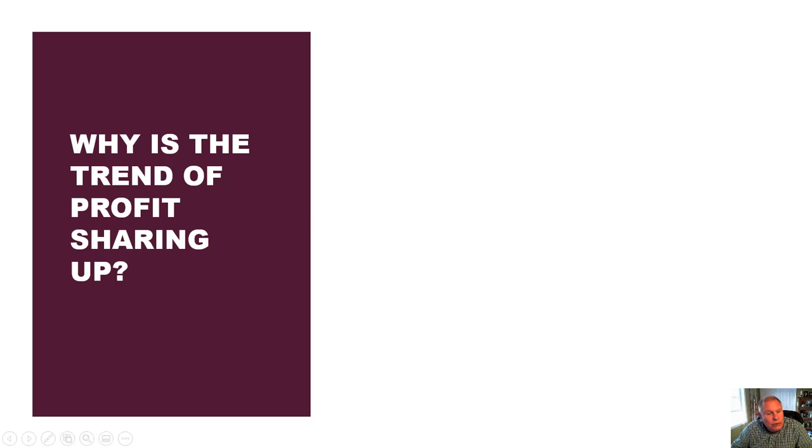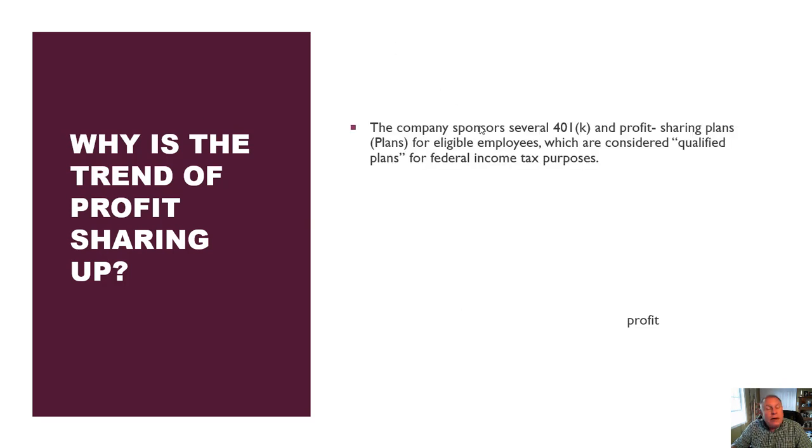The second, why is the trend of profit sharing up? Okay, so the next question is, why is the trend of profit sharing up? What did I find? The company has a number of 401k and profit sharing plans for eligible employees which are considered qualified plans for federal income tax purposes.